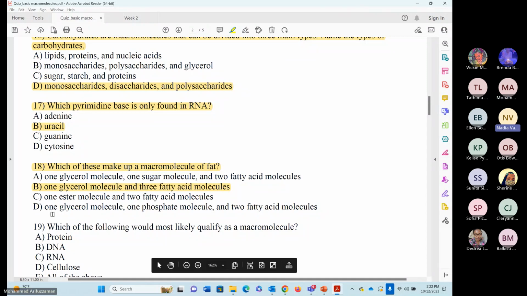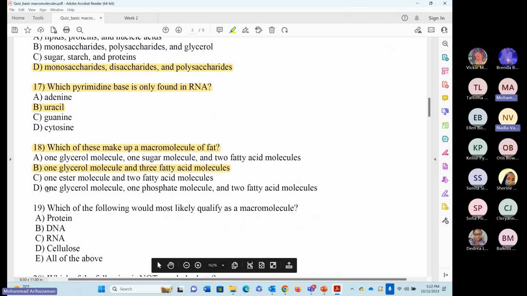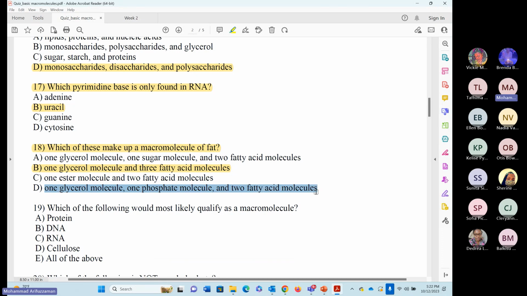Okay. Number D, can you name this chemical? 1 glycerol molecule, 1 phosphate molecule, and 2 fatty acids.